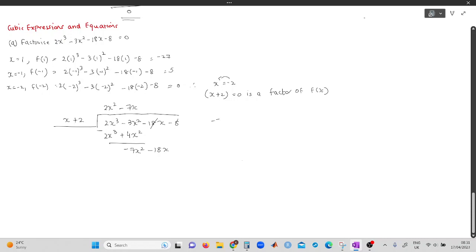Minus 7x multiplied by the dividing factor, je vais avoir moins 7x squared retiré 14x. Minus here. Donc, moins 7, retirer 7, 0. Moins 14x.